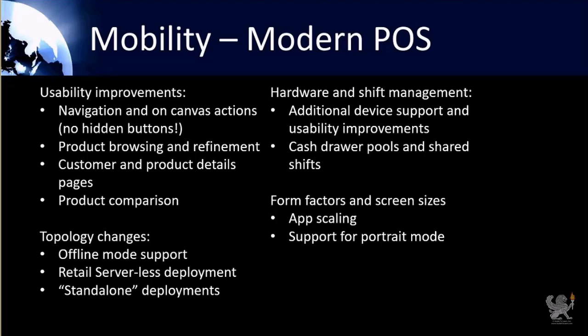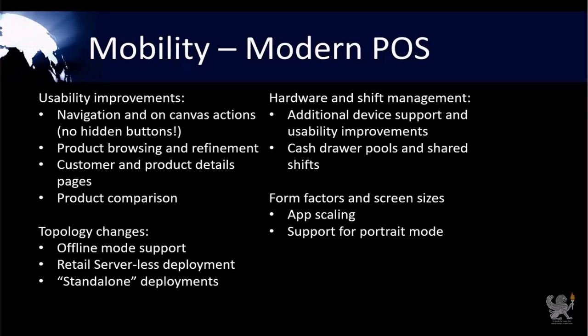An example of cross-terminal scenarios that wouldn't be enabled if you chose this type of deployment would be suspending a transaction on one register and resuming it on another, right? If each one is its own island, or each one has its own version of the channel database, then sharing that data across them is no longer possible. And the single version of the truth scenario is basically, since they are all reading from their own database, it's possible that one database could get updated slightly after another, or there could be some issue where a database isn't getting updated, and therefore you could end up with different prices in one register or another.